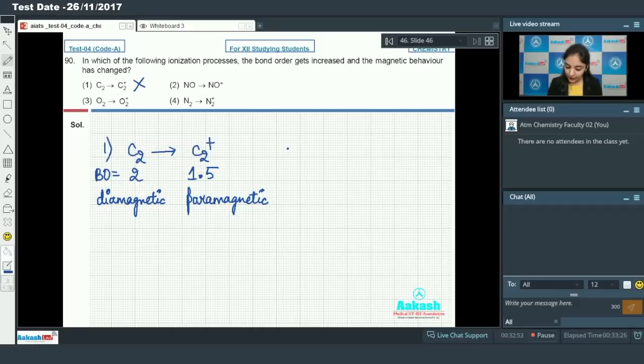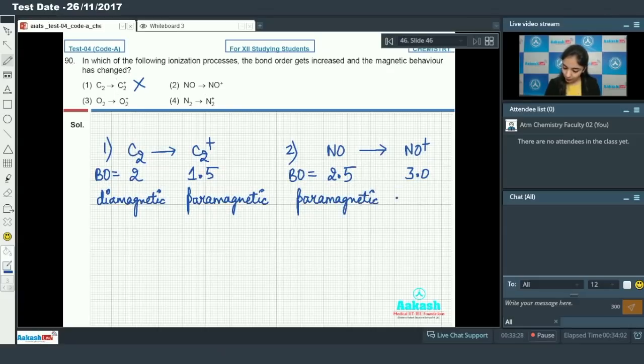Now coming to the second option, we have NO converting into NO positive. The bond order of NO is equal to 2.5 and the bond order of NO plus is equal to 3. And here NO is paramagnetic and NO plus is diamagnetic. So here the magnetic behavior has changed and the bond order has increased. So this is our correct answer. Now we have option number 3 in which O2 is converting into O2 positive.